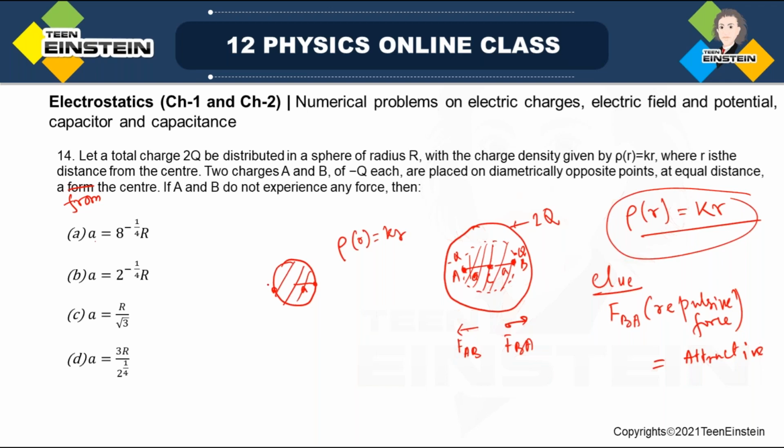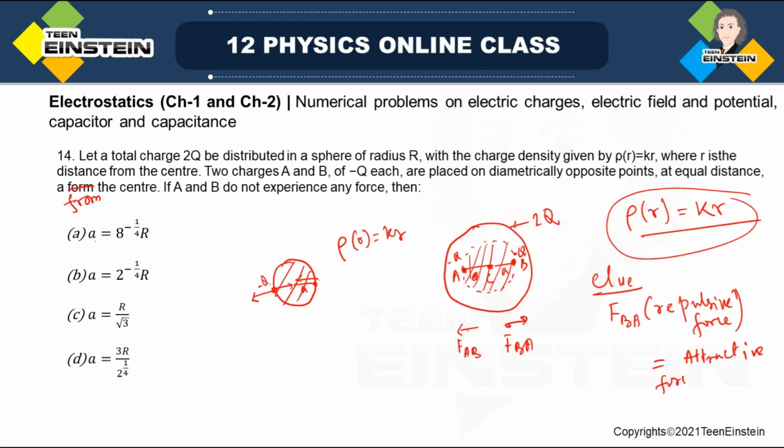That electric field will actually be attracting each other. The electric field is always radially outward, but these charges are minus q, so both of them will be pushed inward because of the electric field produced by the charge held within this small sphere. I hope you are understanding it.